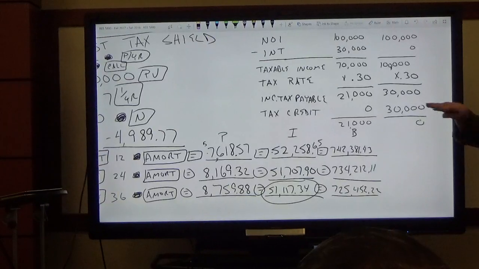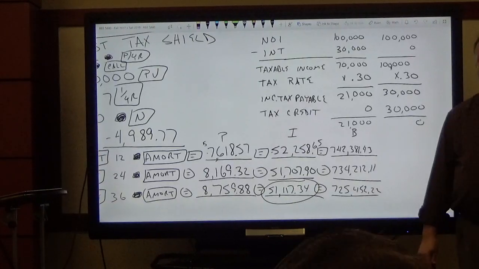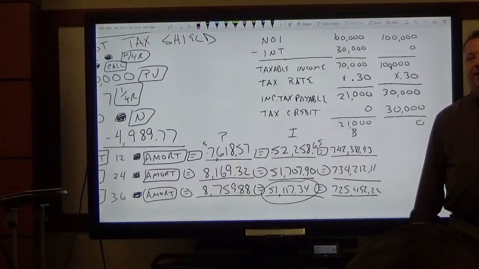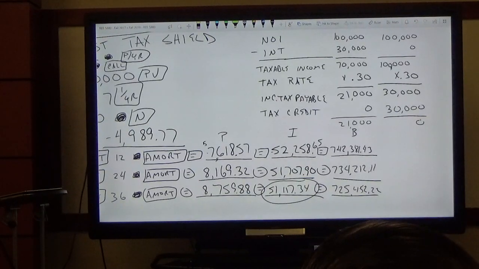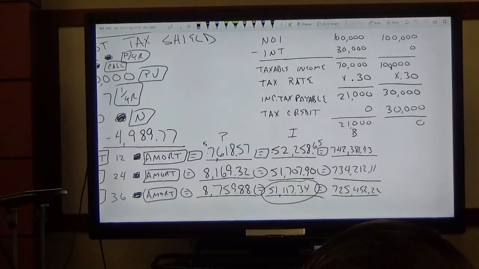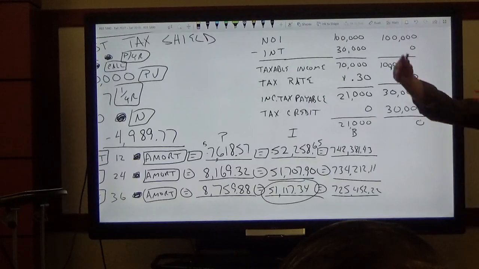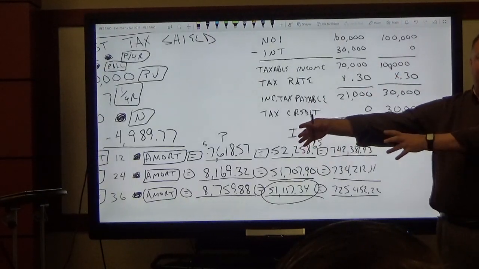Like, for example, let's say that you're sitting in a 28% tax bracket as a developer, but you've got some corporation that's sitting at a 40-something plus percent tax rate. They can buy those tax credits from you, from your project, and then apply them to their tax liability, and so they can get more bang for the buck out of those tax credits than you can, because you are being taxed at a lower rate.